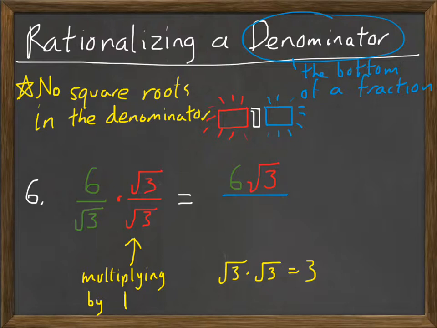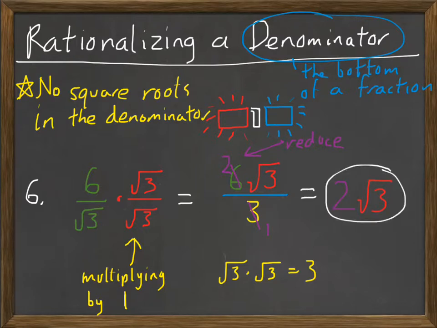So square root of 3 times square root of 3 is just 3. So I have a 3 on the bottom. Okay, treating this like a fraction, I can reduce it. So 6 over 3 could reduce to 2 over 1. I don't have to write the over 1, so I'll just have it as 2 square root of 3.